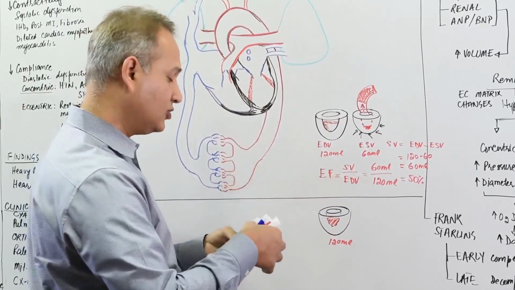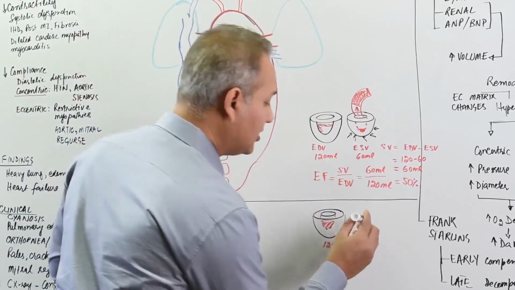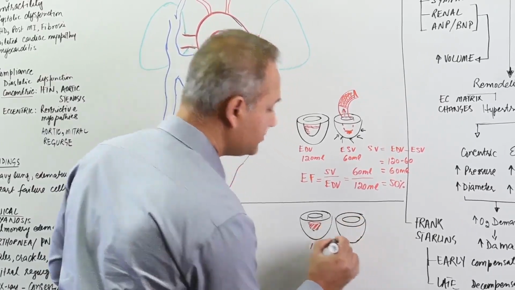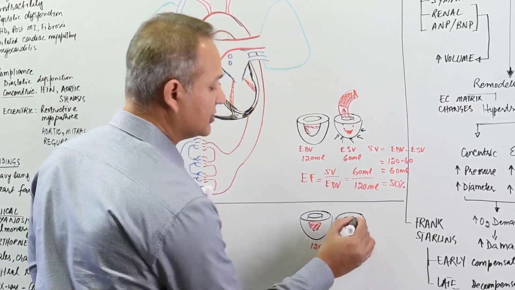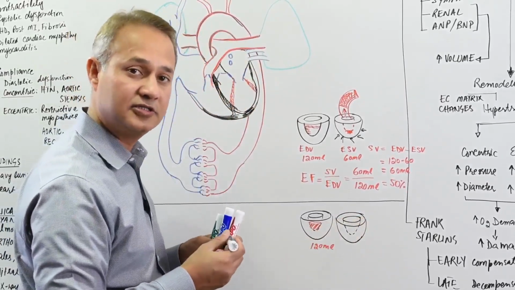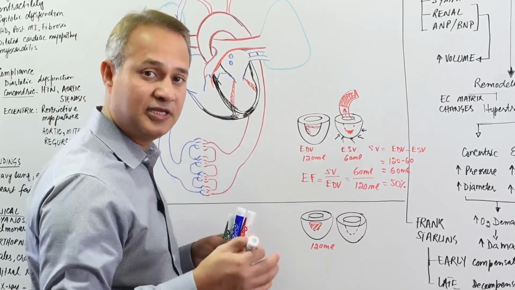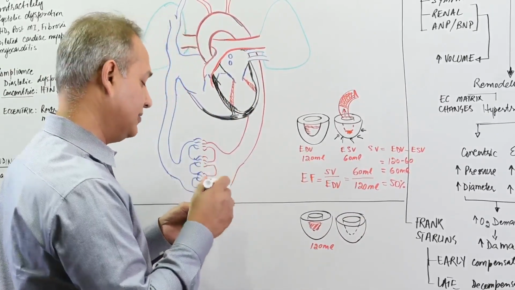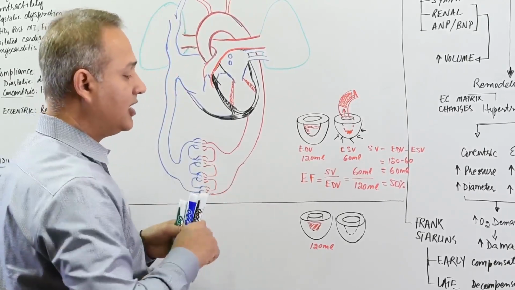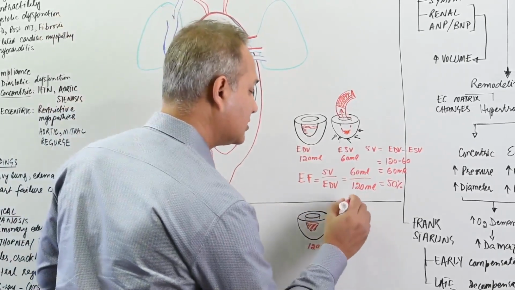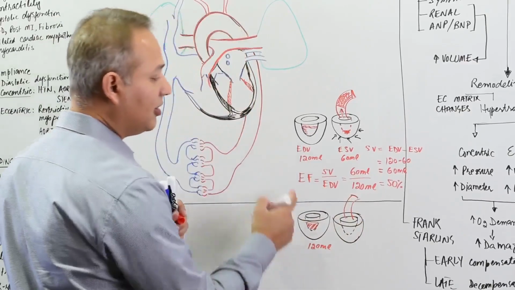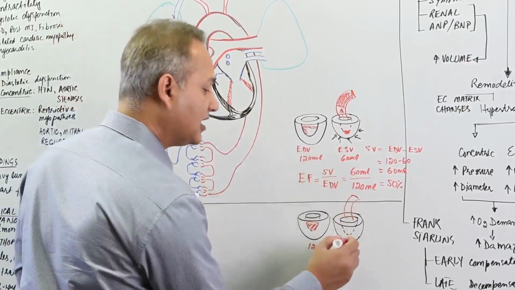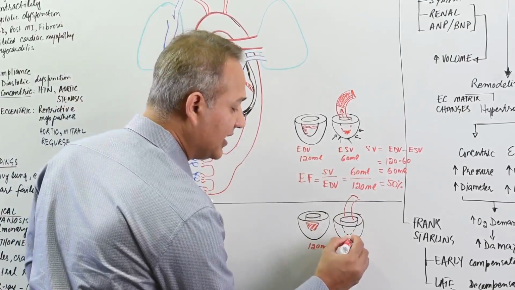The heart undergoes systole and the heart is damaged. This heart is damaged for some reason. For example, there is ischemic heart disease, or ischemic damage, or infarctive damage. So this heart is damaged. Now, instead of 60 milliliters left as in the normal heart, this time what is left is, let's say, 80 milliliters.